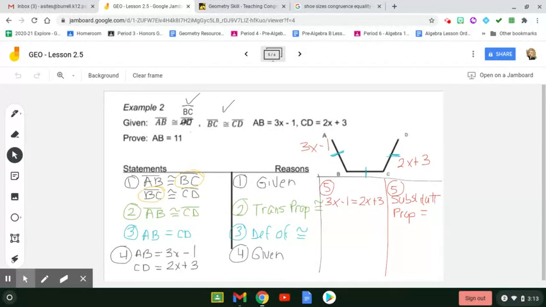All right, the goal is to try to prove that AB is equal to 11. So I'm going to start solving for this. I'm going to subtract 2x from both sides. If I'm subtracting 2x from both sides, I'm going to get that x minus 1 is equal to 3. Okay, so that means I use the subtraction property of equality.